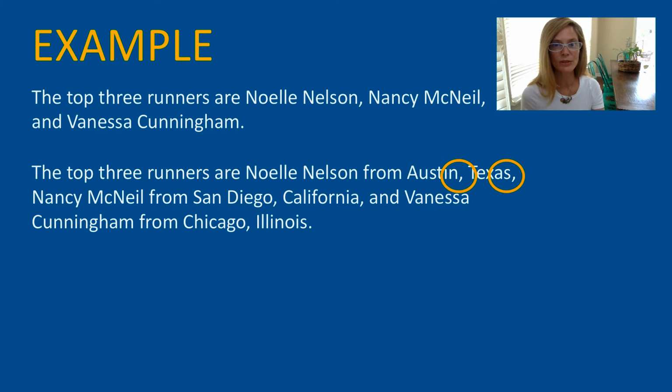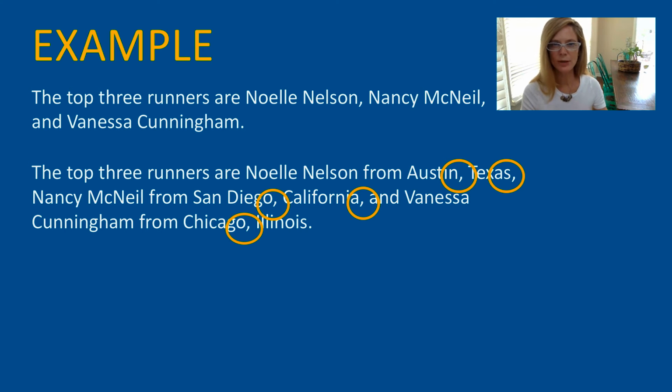We've got another comma separating Noelle from Nancy. We have another comma separating San Diego from California, the city from the state. And then we have another comma separating Nancy from Vanessa, who is from Chicago, comma, Illinois. That's a lot of commas in one sentence.